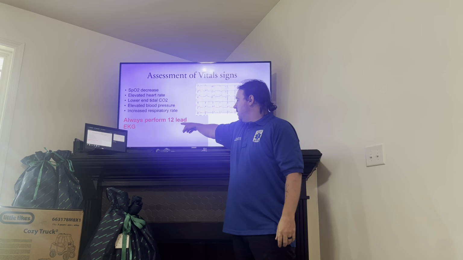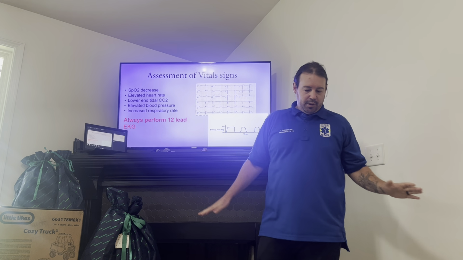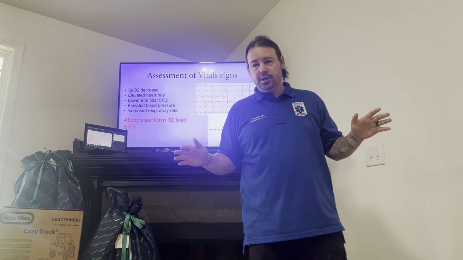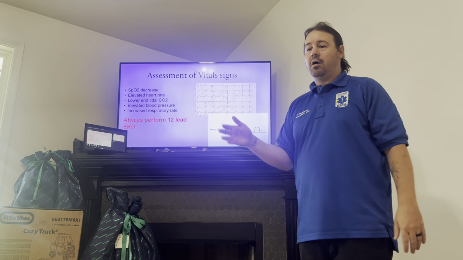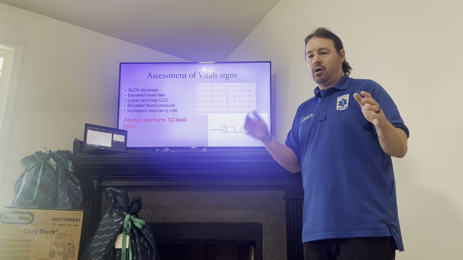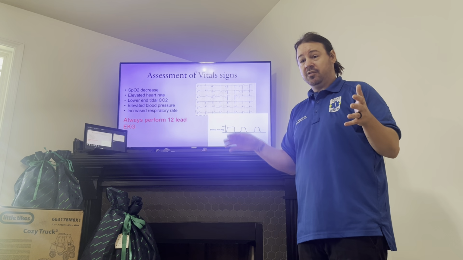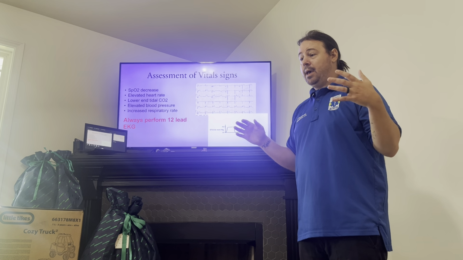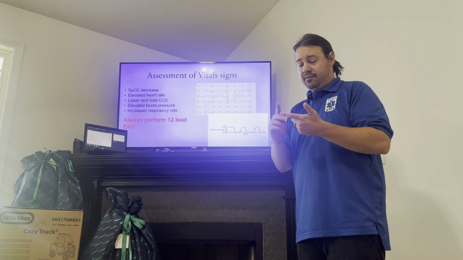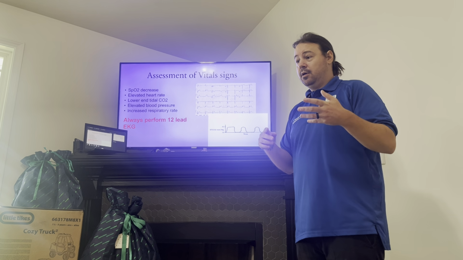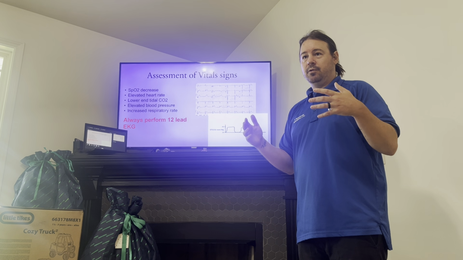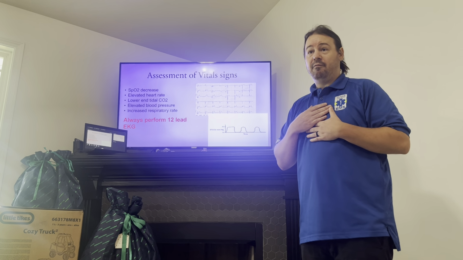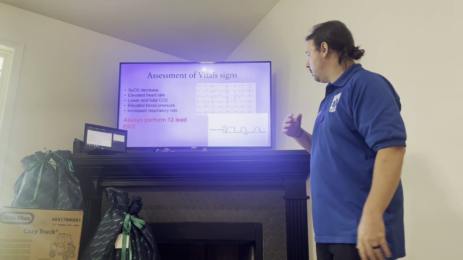In red, always perform a 12-lead EKG. Extremely important. We know that the heart function can be viewed through an EKG, and if we're worried about heart failure, we want to take a look at the heart through an EKG to make sure that we're not missing anything. And the one main reason for this is patients that have CHF are more likely to have a myocardial infarction or cardiac event with a negative outcome because they already have poor function of their heart, okay?